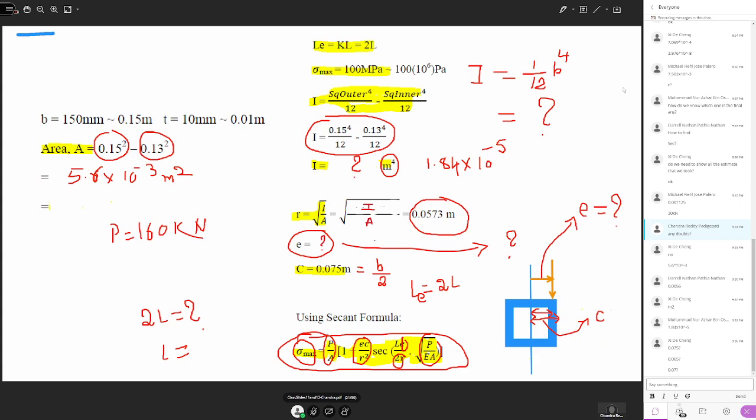You need to evaluate this calculation. It takes some time because the secant theta is involved. You will get the answer in radians, then convert the radians into degrees. Then you can calculate the length in meters. Let me know if you have any questions.